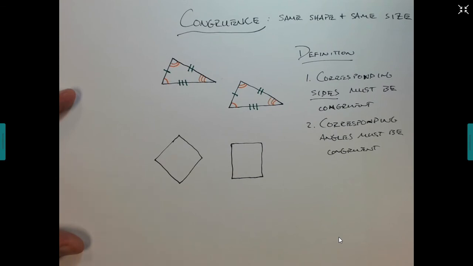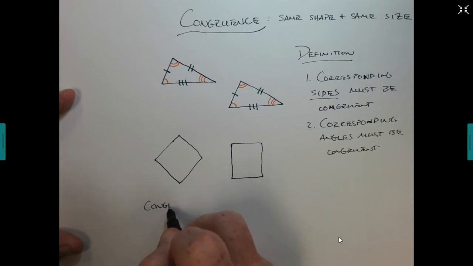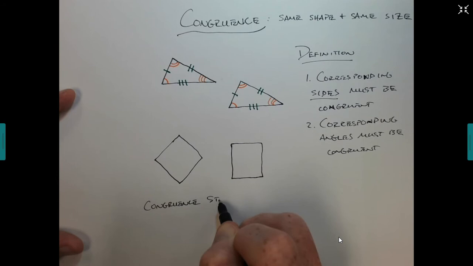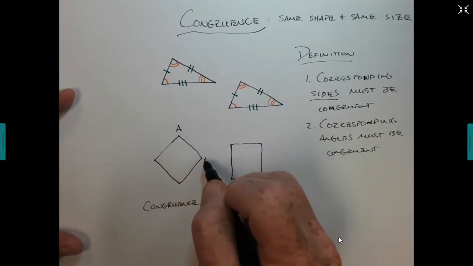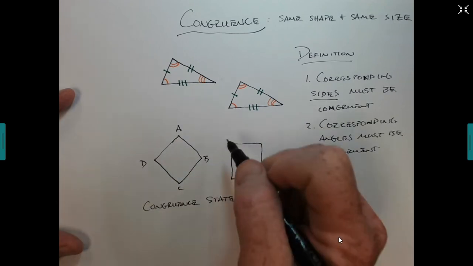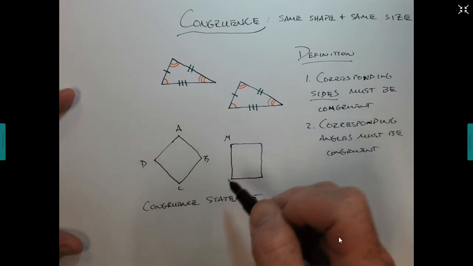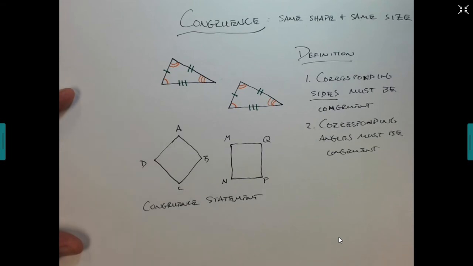So a lot of times, what is the defining important characteristic is what's called the congruence statement. So say we knew the points here are A, B, C, D, and E, and maybe we got M, N, P, and Q here.